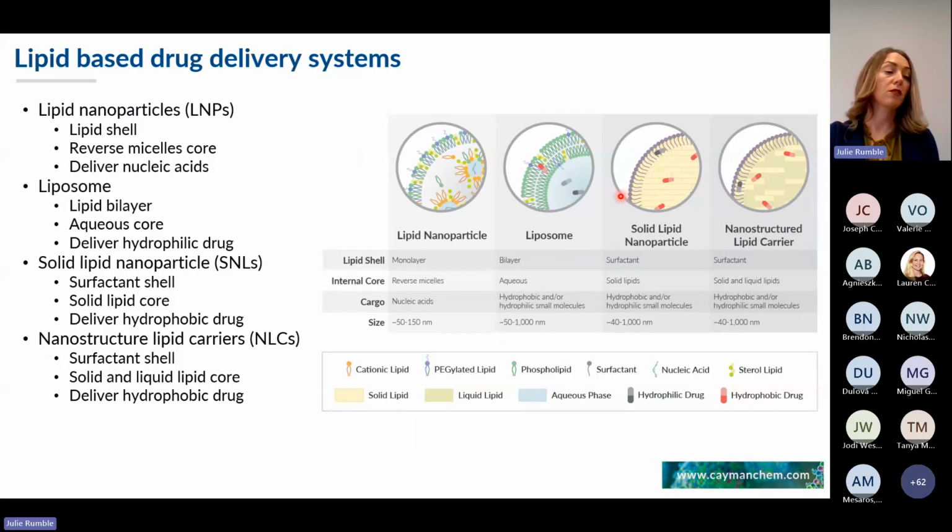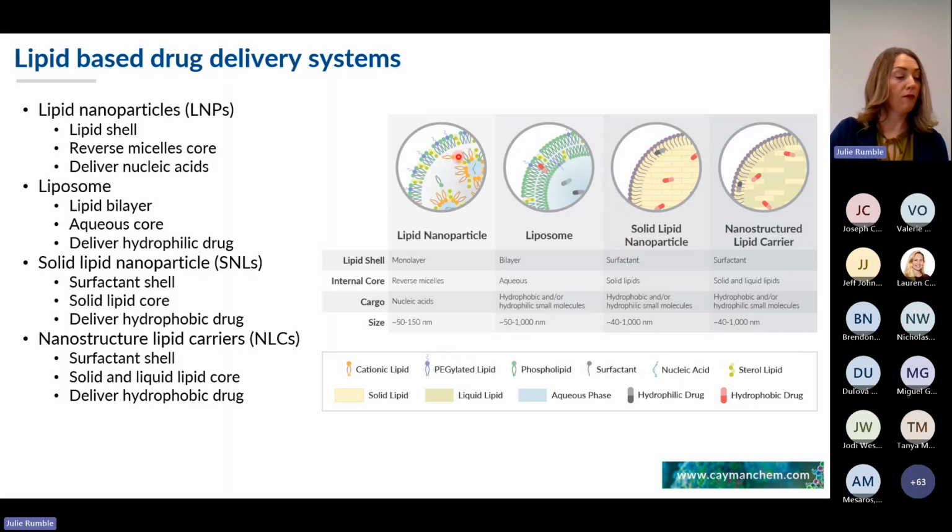Lipid nanoparticles are a specific subclass of lipid-based drug delivery systems, and they have distinct characteristics compared with other lipid-based carriers. While all lipid-based delivery systems share the common goal of improving the delivery and efficacy of therapeutic agents, LNPs really stand out for their ability to efficiently deliver nucleic acids.